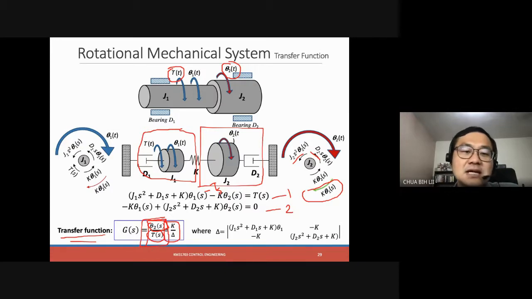Meaning to say, from the derivation part until the solution part, to form the transfer function is doable now. This would be tested in this course, because as you know, the first course outcome would be to be able to model a mechanical system.